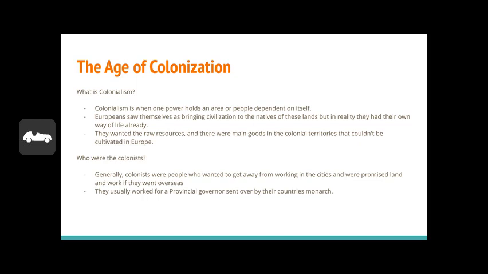Now, the empires of Europe found colonialism to be very valuable because it afforded them access to many materials that they couldn't get in Europe because of their scarcity or rarity, or simply because they didn't have the climate for it. So, in order to obtain these materials, they sent out colonists to settle and form communities in new lands.